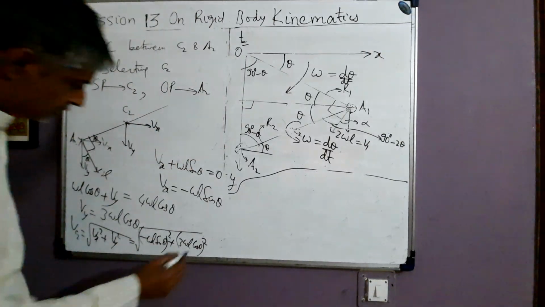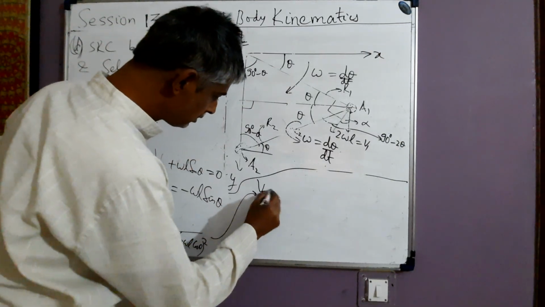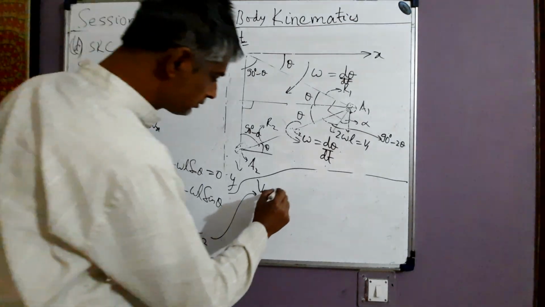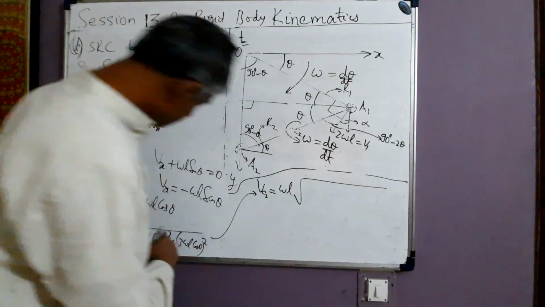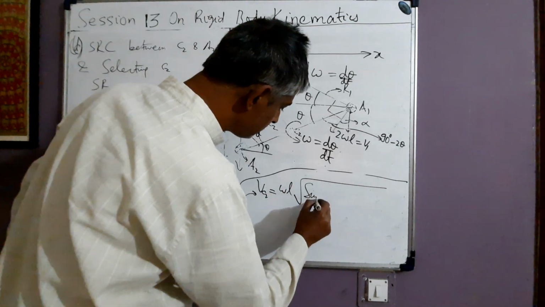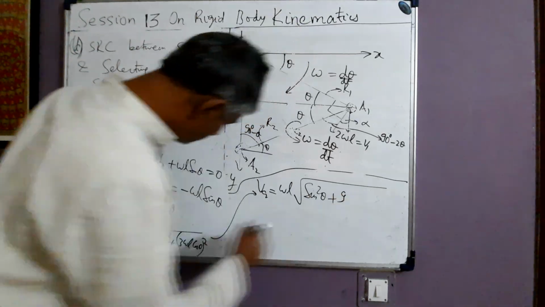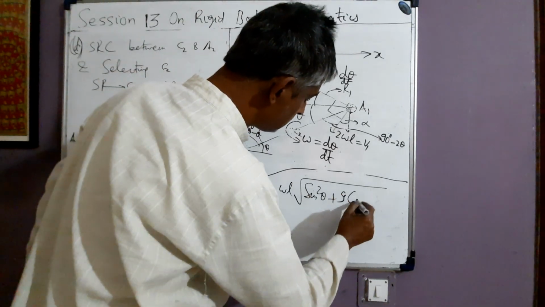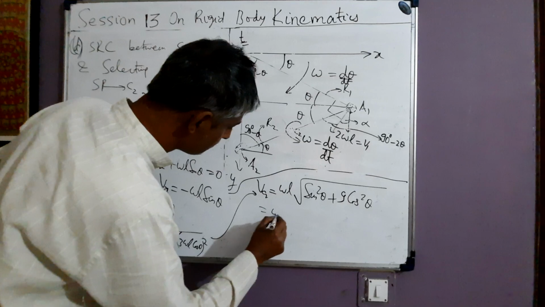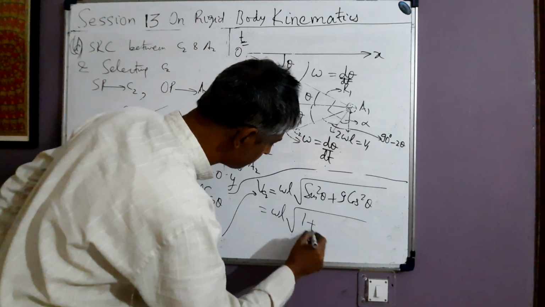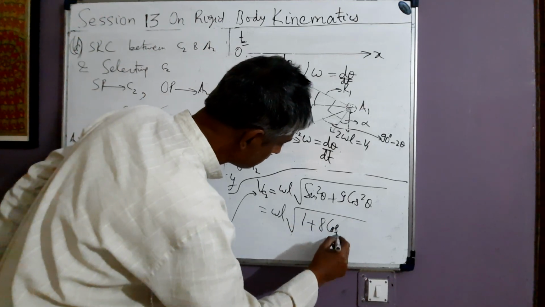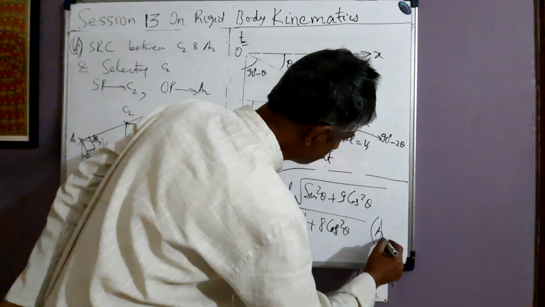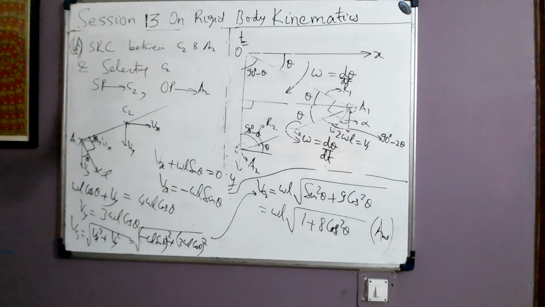So this becomes how much? If you take omega L common, minus sin theta whole square becomes sin square theta. And this becomes 9 cos square theta. And when you simplify it becomes 1 plus 8 cos square theta, which is therefore the required answer. So this was method 3.